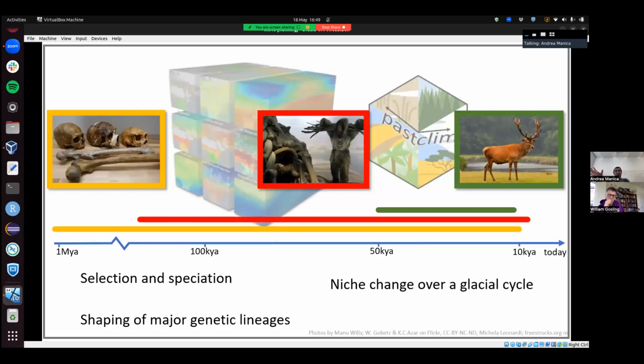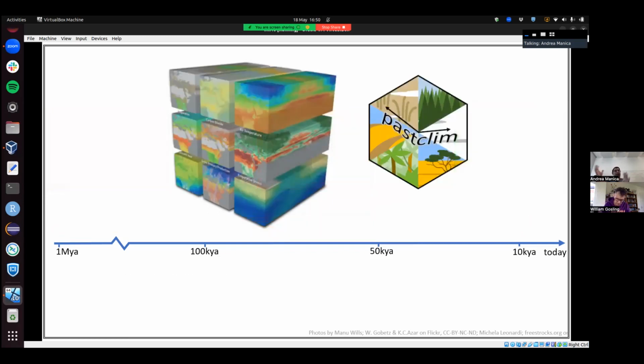So just to conclude, I hope I've convinced you that with this kind of continuous climate reconstruction, we can now start asking some really exciting questions about a number of species and their responses to the environment. But the idea is also that hopefully we're putting a tool out there that allows us to start contrasting climate models with empirical data in a simpler way for this kind of time series, not just a few time slices, and potentially also start doing the kind of analysis I've just shown you, which normally tends to rely on just one model.